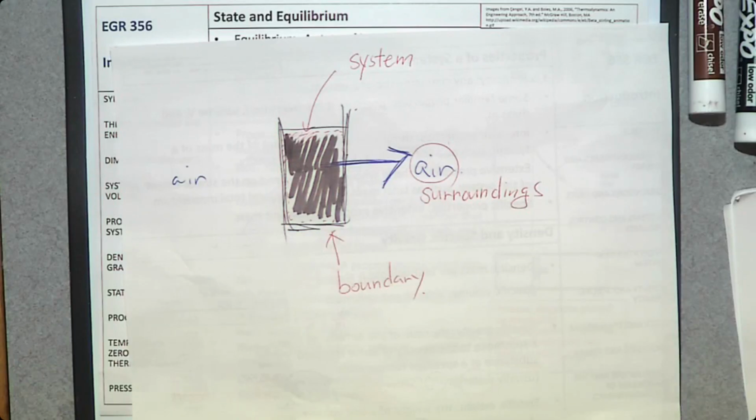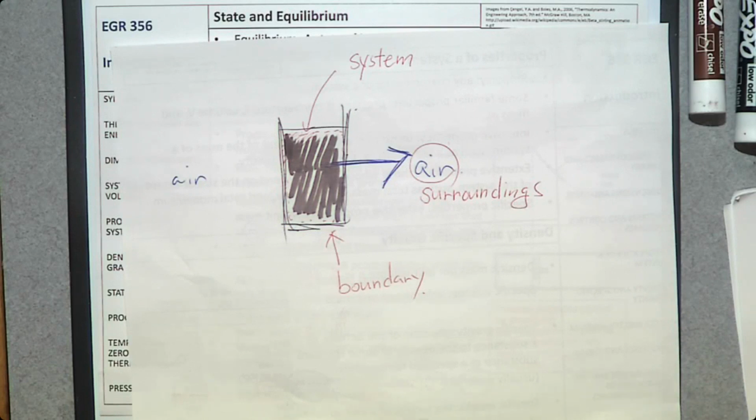What kind of thermodynamic problem can we think of? So we can say initially the temperature of the coffee was hot, and after this class, the temperature of the coffee went down.